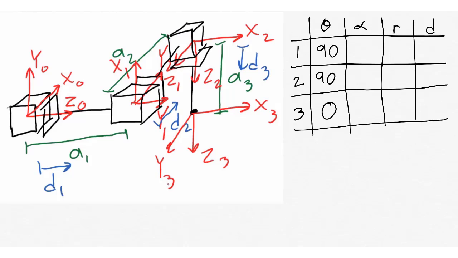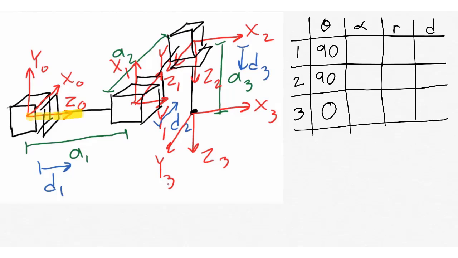Let's do alpha. Alpha is defined as the amount of rotation that we need to rotate frame n-1 around the axis xn in order to get the 2 z-axes to match. So let's try and find alpha for the first row.